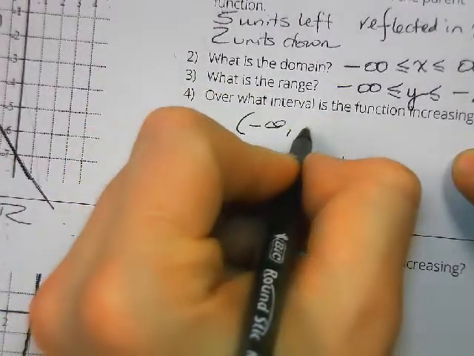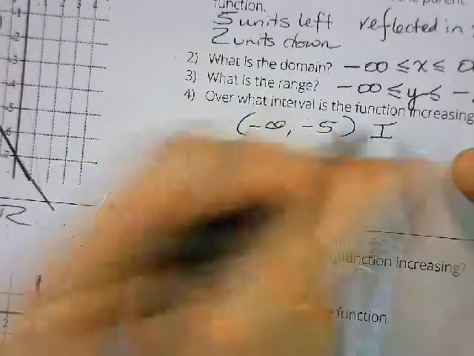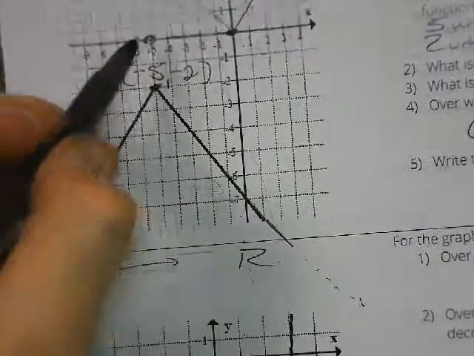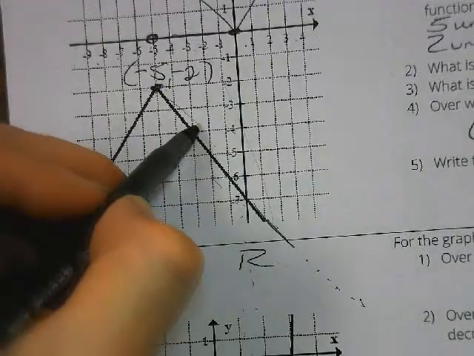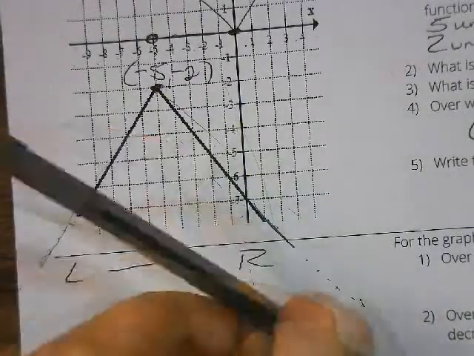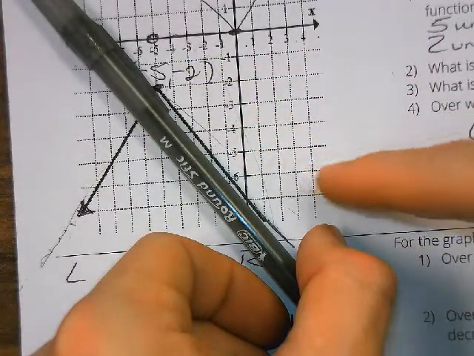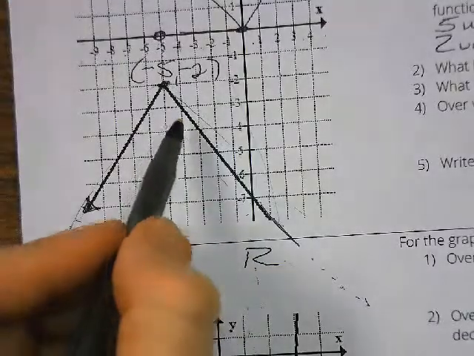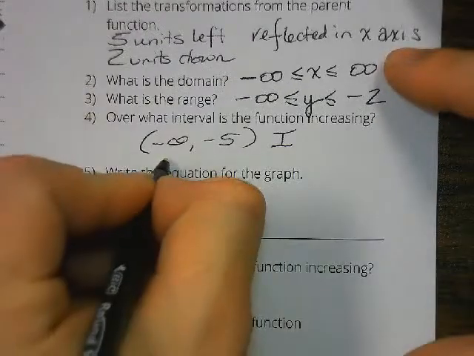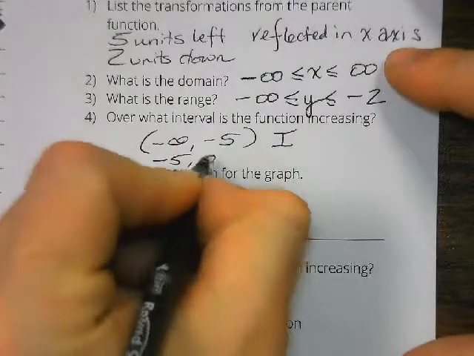That's where I'm increasing. And then from -5 all the way to +infinity, I've got a decreasing. I've got a negative slope here. So from -5 to +infinity, I am decreasing.